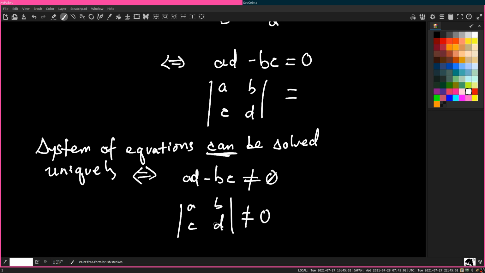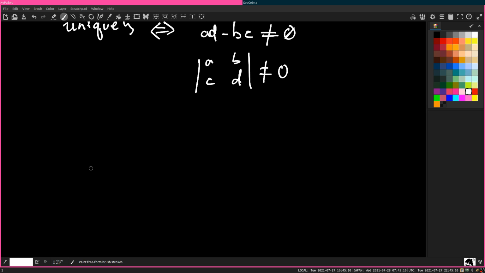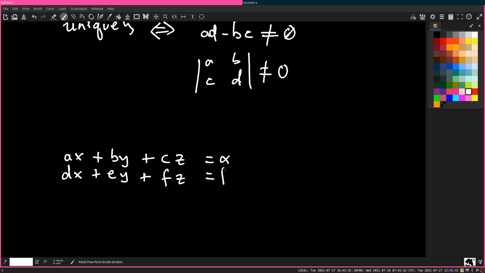Now this is just the 2x2 case. The 3x3 case is a little bit harder to see. So let me just briefly illustrate geometrically what's going on in the 3x3 case. So in the 3x3 case, you'll have ax plus by plus cz is equal to alpha, and then dx plus ey plus fz is equal to beta, and then gx plus hy plus iz is equal to gamma.